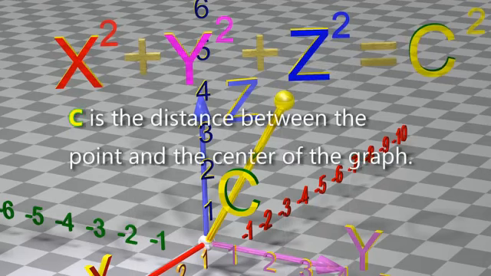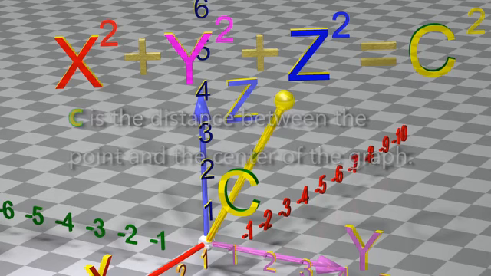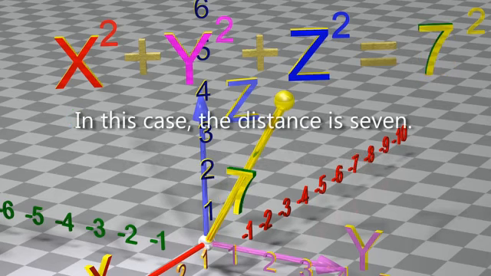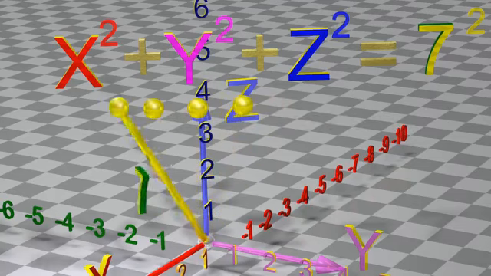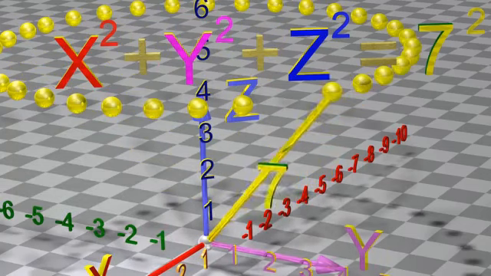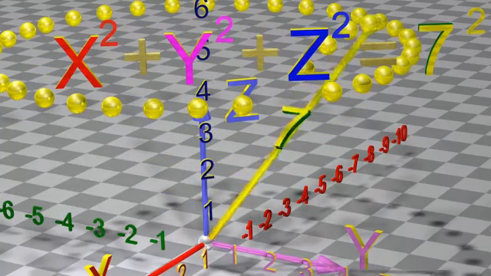C is the distance between the point and the center of the graph. In this case, the distance is 7. This is the equation for all the points with this distance from the center of the graph.